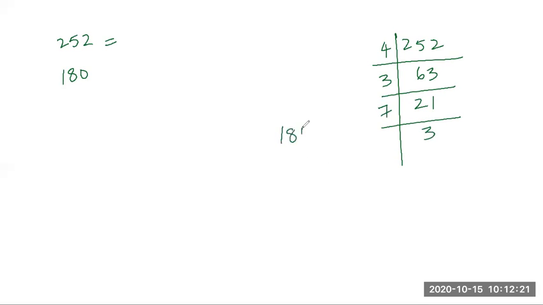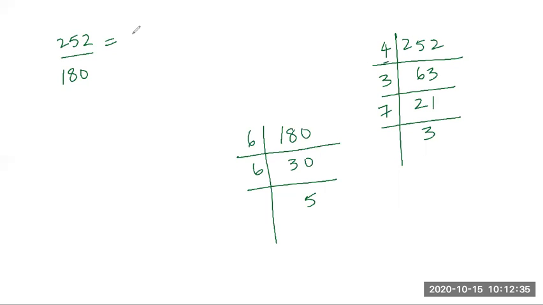And 180, we can take here maybe 6, 6 threes are 18, 0, and 6 fives are 30. So students, 252 prime factorization will be, for 4 it is 2 into 2 into 3 into 7 into 3. For 180 it is 6. I'll convert this into prime factorization: 3 into 2, again 3 into 2 into 5.